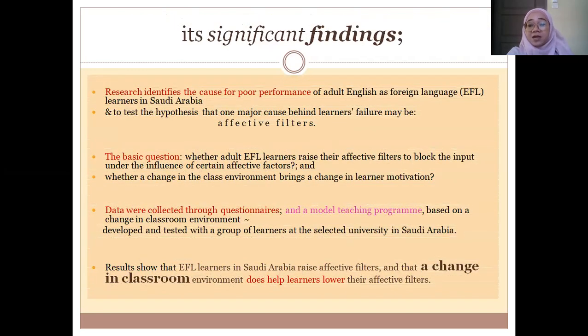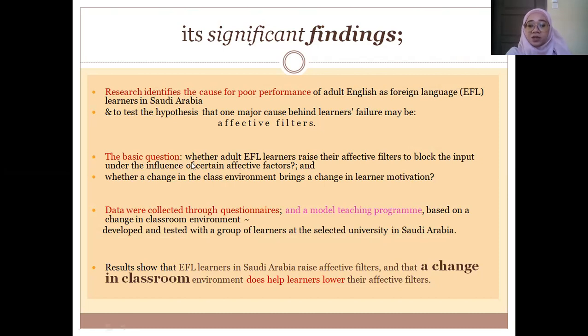The significant findings from the research articles pertaining to affective filter. Research identifies a cause for poor performance of adult English as a foreign language learners in Saudi Arabia. The research article that I am doing now is to test the hypothesis that one major cause behind learners' failure may be affective filter.